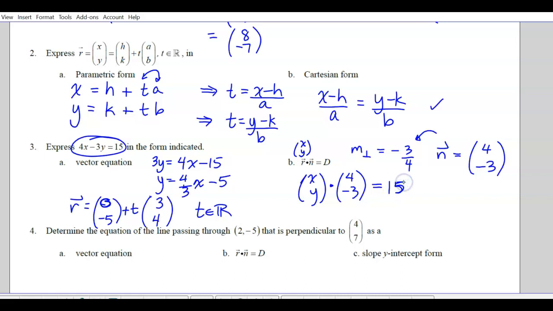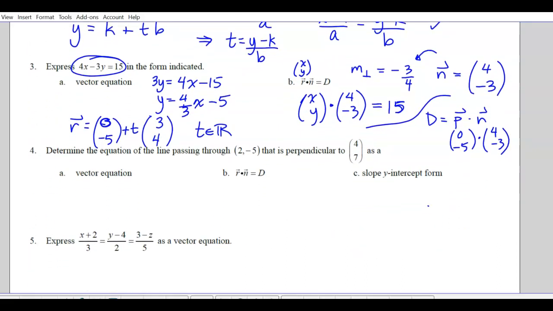Now, if you hadn't been given that original, how would you get the 15? Well, really the d is a position vector dot product with the normal vector. So if you take position vector 0, negative 5, dot product with 4, negative 3, you get 15. Okay, so just be aware of that.